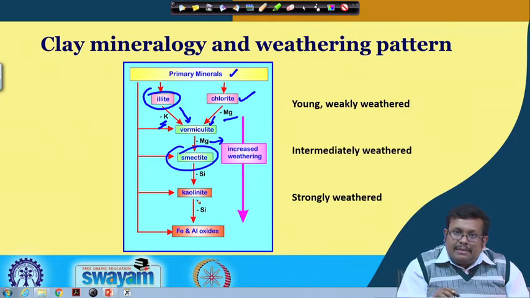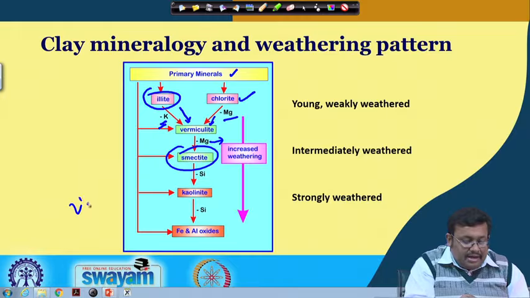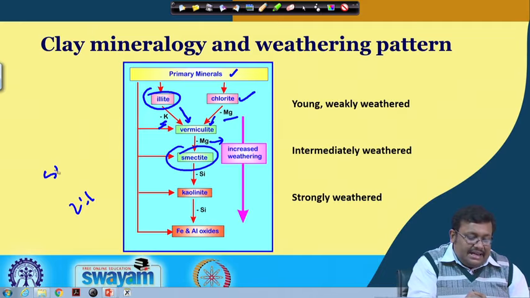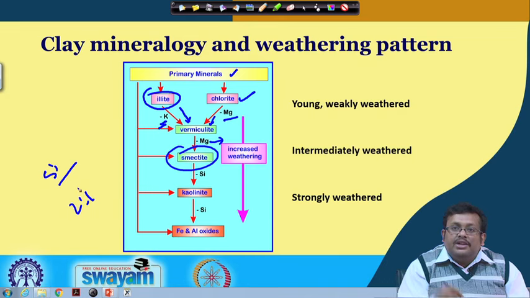From smectite, remember that it is a 2:1 type of mineral, so we have more dominance of silica tetrahedra than aluminum octahedra.